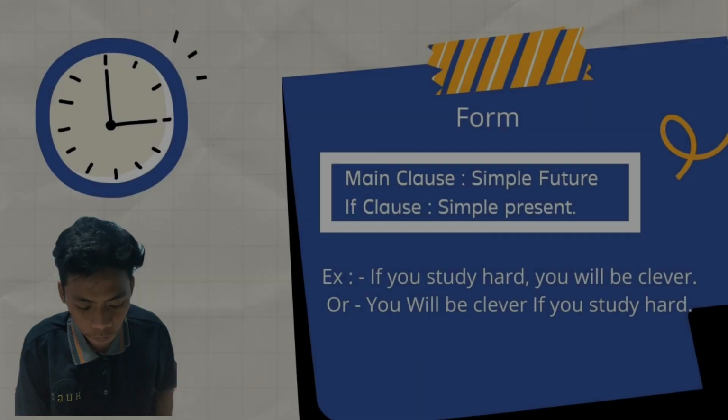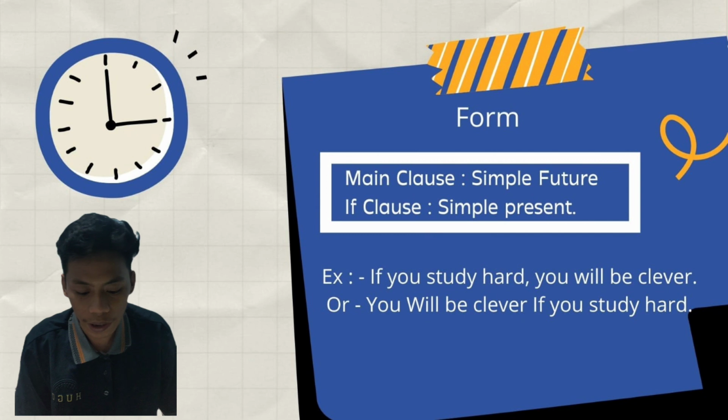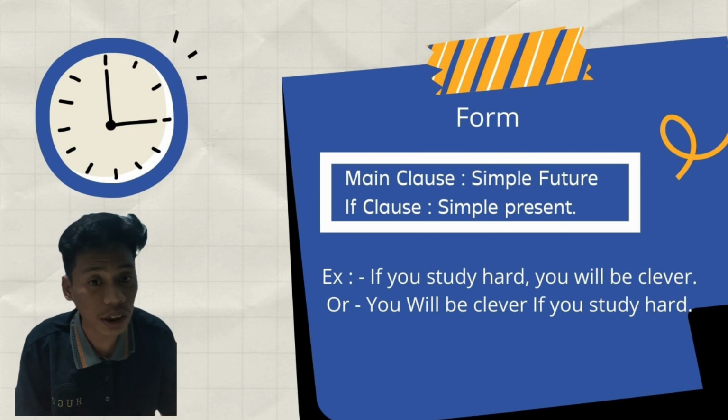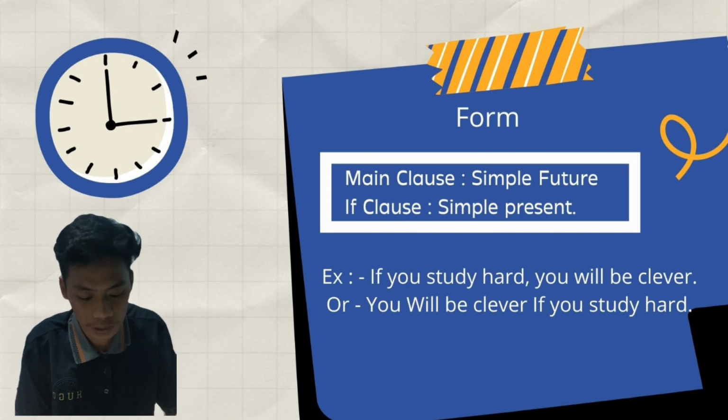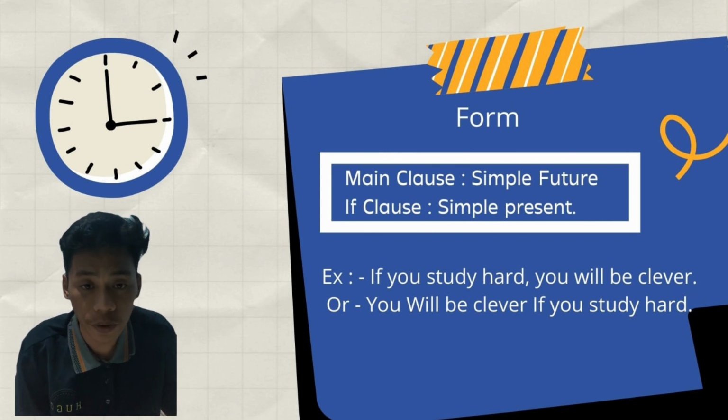The form of conditional sentence type 1 is: main clause in simple future and if clause in simple present. The example is, if you study hard, you will be clever.